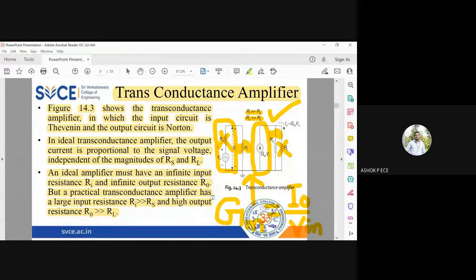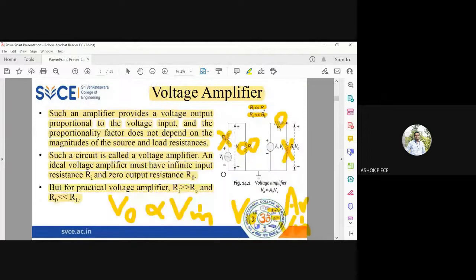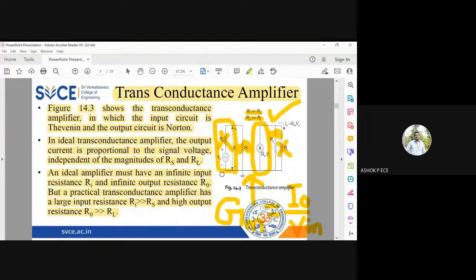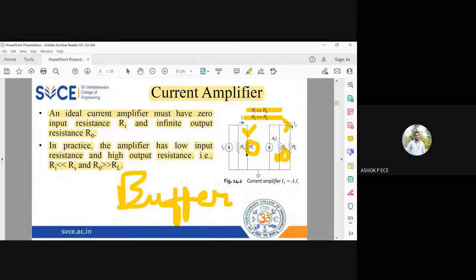This is the third amplifier type we are studying. If you relate and study all these things, it will be very simple for you. When you learn these things, you should learn them in parallel so that you can identify where the difference in the circuit is and how the parameters are changing. For the same thing, if it is Thevenin, Ri becomes very much greater than Rs, but in Norton it becomes the opposite.